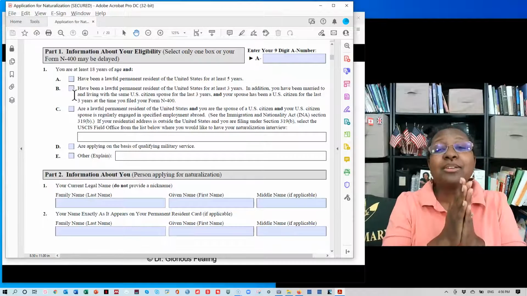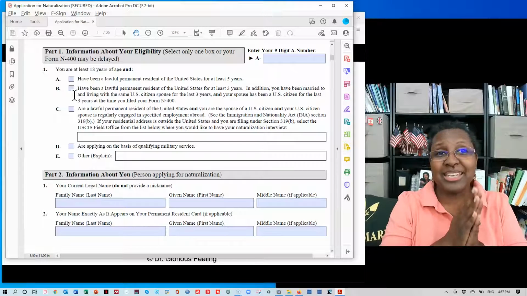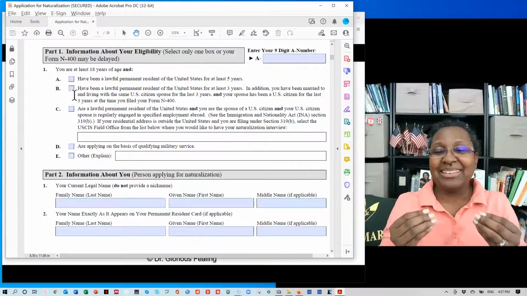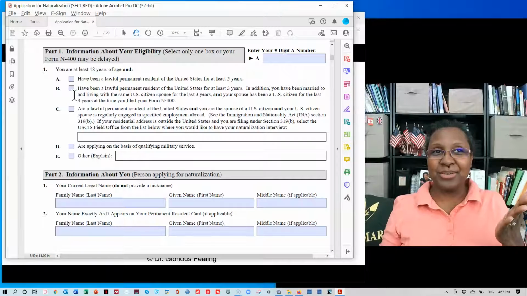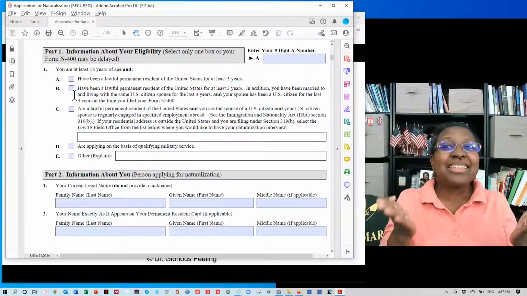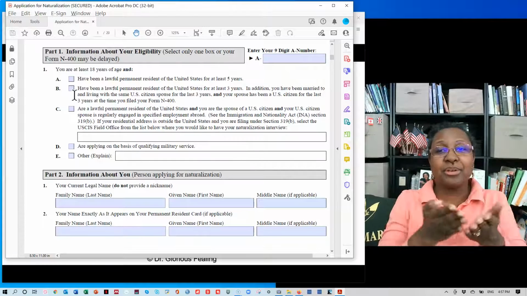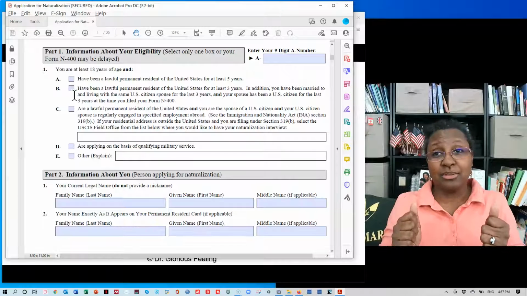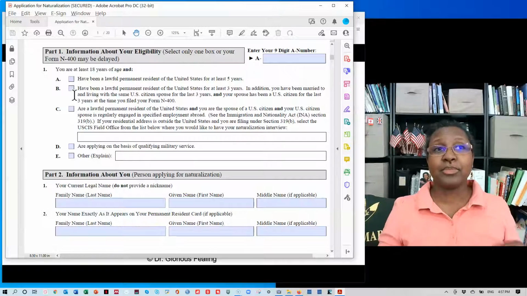You've been living with this person, married to them, since 2018 or earlier. That would mean the door could be open to you. So you're 18 years old and you've met that list on letter B that I just described. Both conditions should be met. Then you would be eligible, or maybe they would say, yes, the doors are open to you.